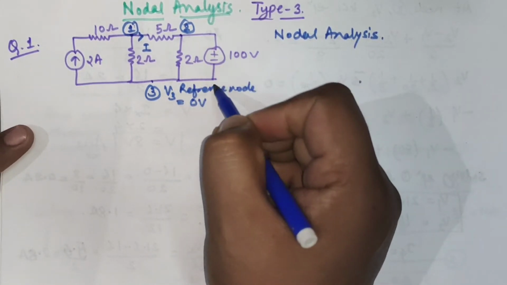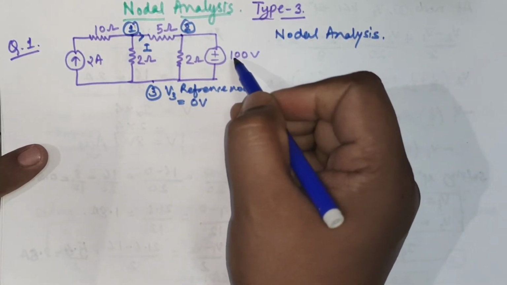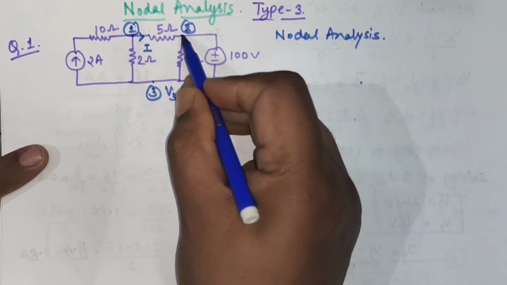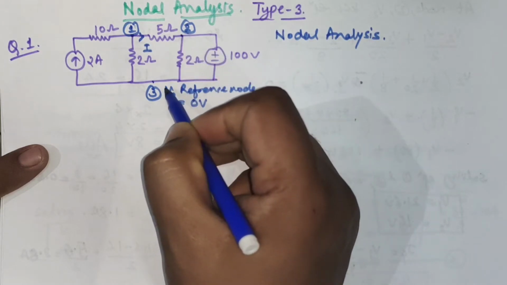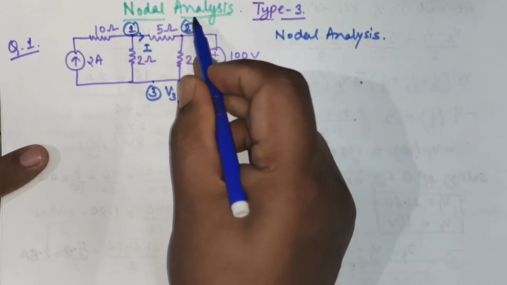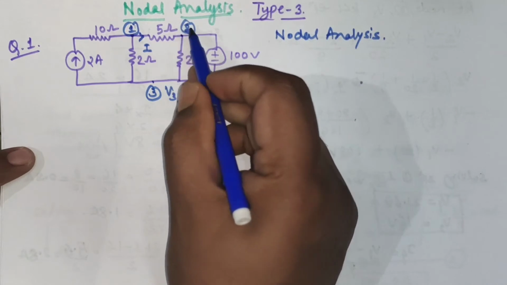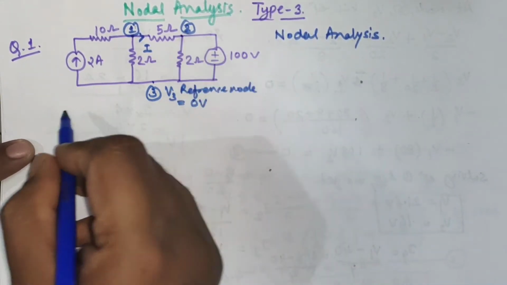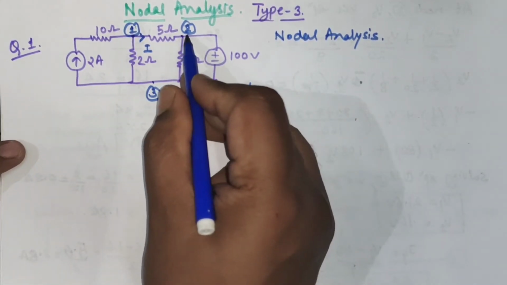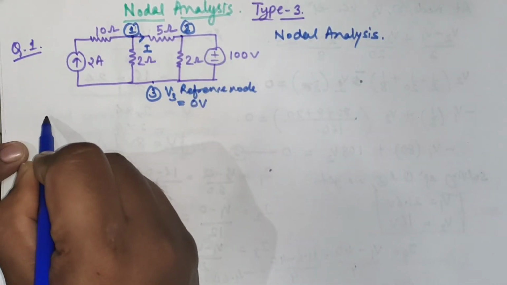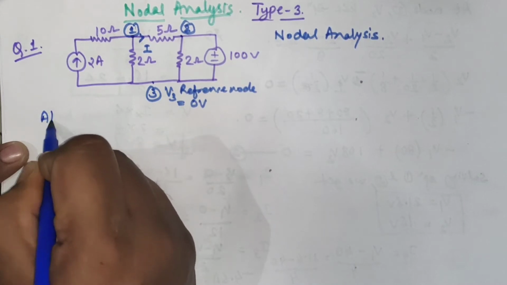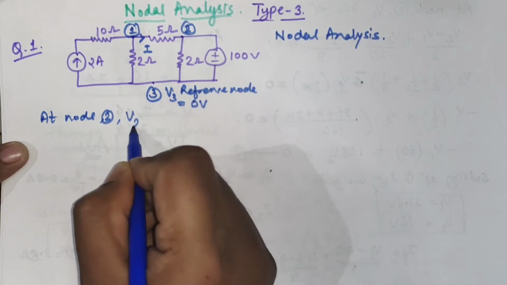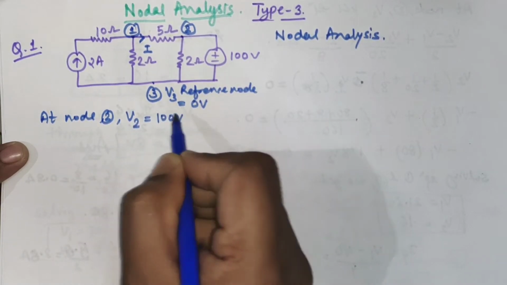If a DC voltage source, EMF or battery is connected between a node and a reference node, then the voltage of that node can be easily found. So the value of this node voltage is 100 volt. So at node 2, V2 is equal to 100 volt.